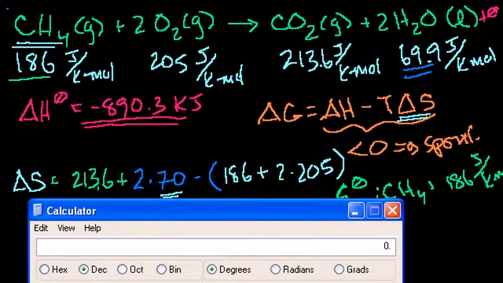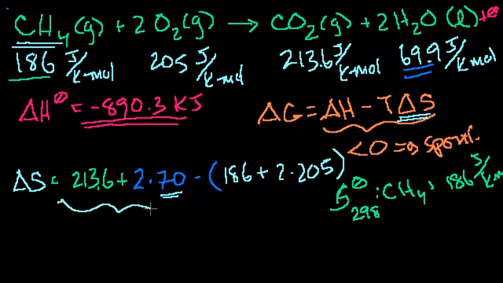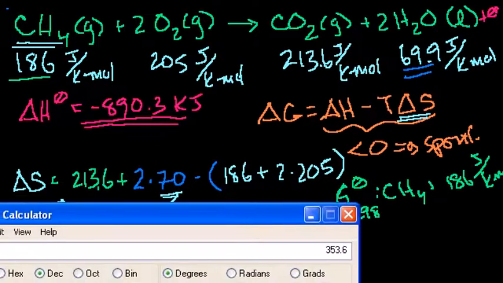So I have 213.6 plus 2 times 70, which is 140, is equal to 353.6. And then from that, I'm going to subtract out 186 plus 2 times 205, which is equal to 596.